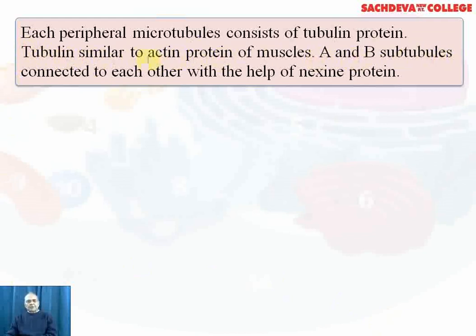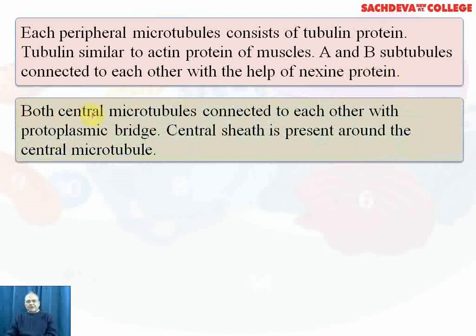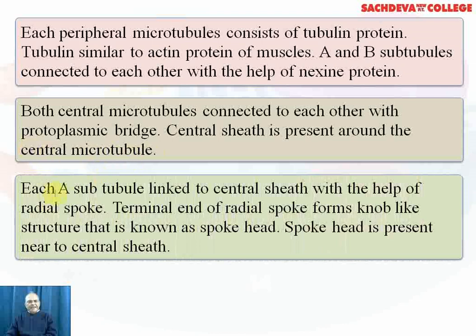A and B subtubules are connected to each other with the help of nexin protein. Both central microtubules are connected to each other with a protoplasmic bridge. Central sheath is present around the central microtubules. Each A subtubule is linked to the central sheath with the help of radial spoke.